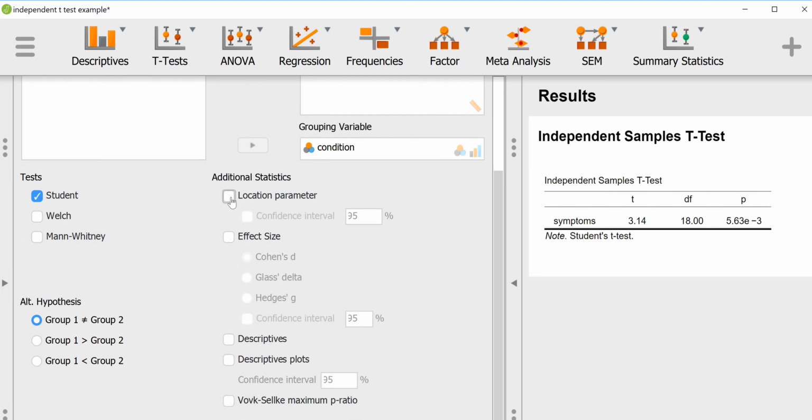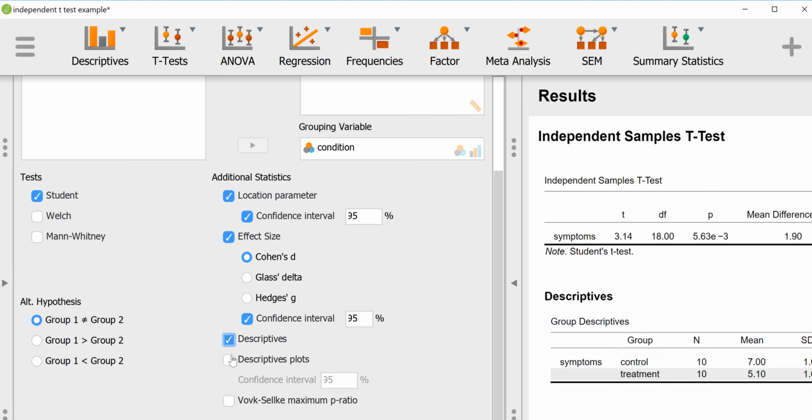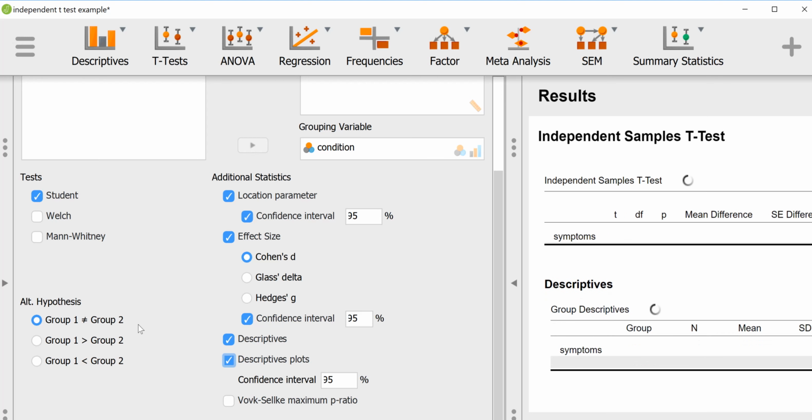and we'll ask for the mean difference, the confidence interval for the mean difference. The effect size we'll leave as Cohen's d, and the confidence interval for the effect size, and the descriptive statistics and the plot of the descriptive statistics.